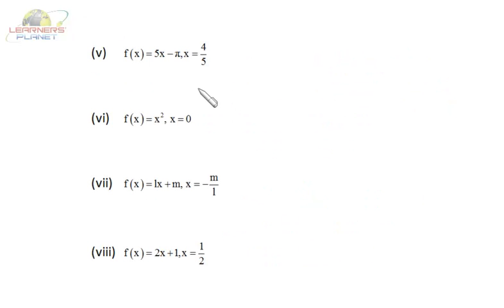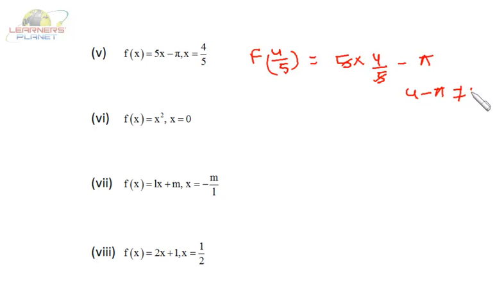Now let's see this question. x is equal to 4 by 5. So we have to calculate f of 4 by 5. So f of 4 by 5 is, put the value of x as 4 by 5 minus pi. So it's 4 minus pi. That is not equal to 0.